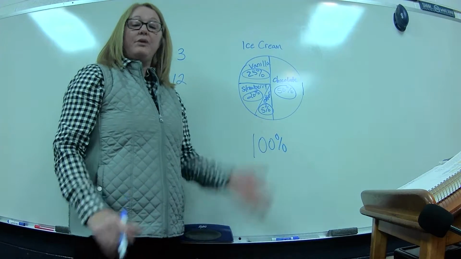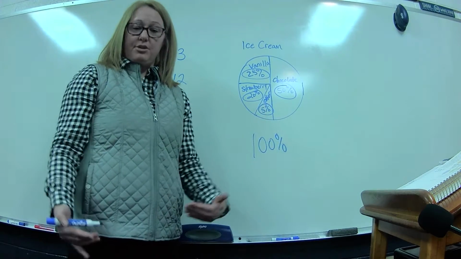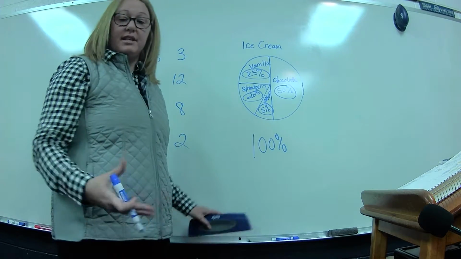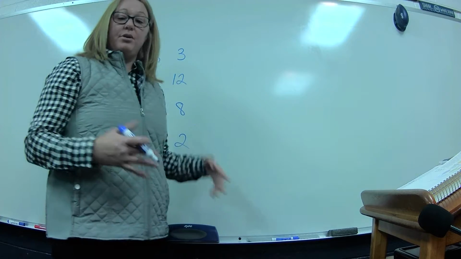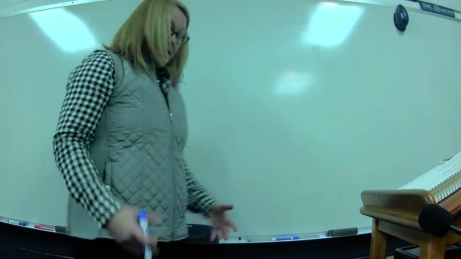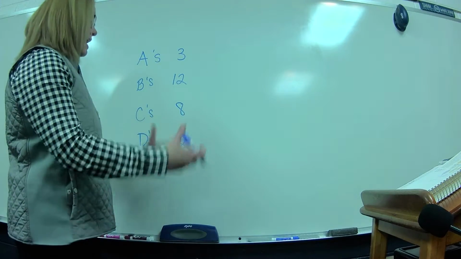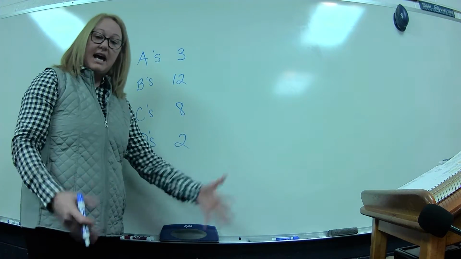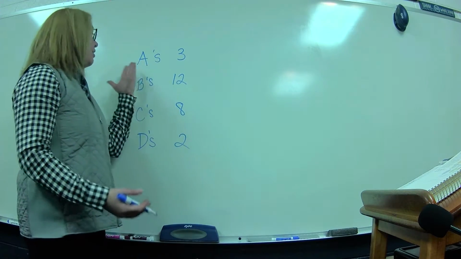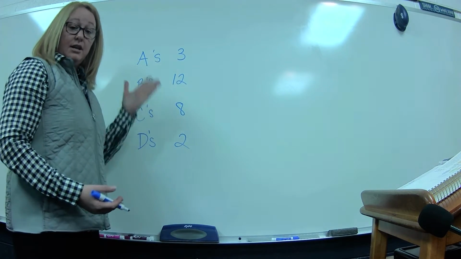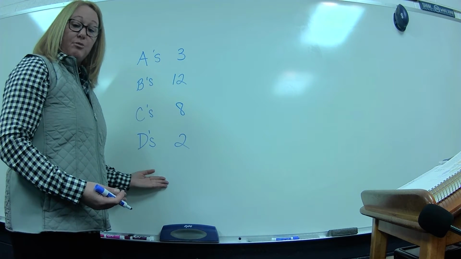So how do we find the percents to put into our circle graph? Well, that's what this lesson is going to be about, so that we can set up circle graphs. So we have a class at school, let's say it's Sally's class, and in Sally's class they took a test, and 3 people made an A, 12 people made a B, 8 made C's, and 2 made D's.